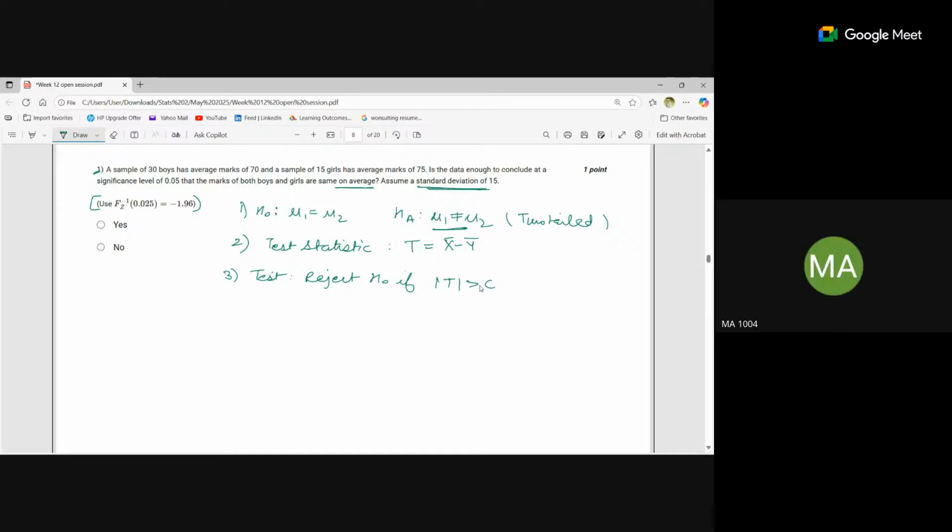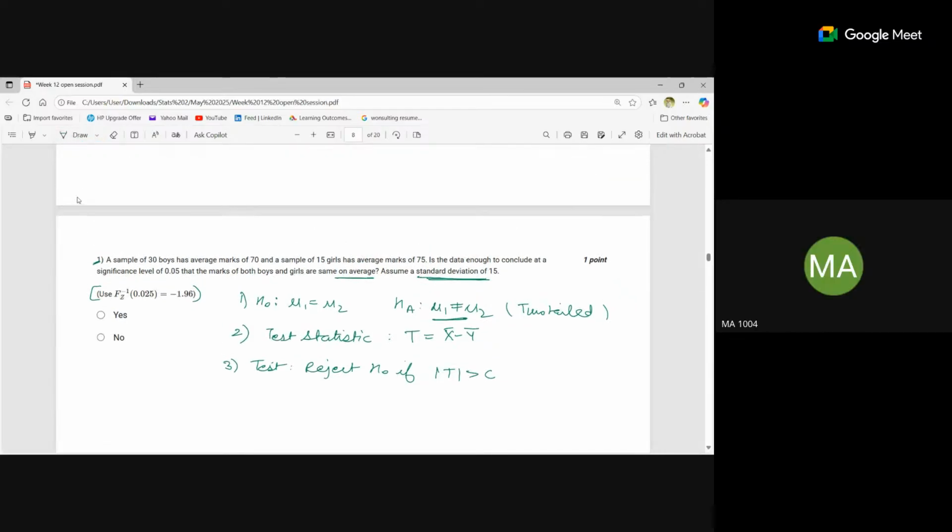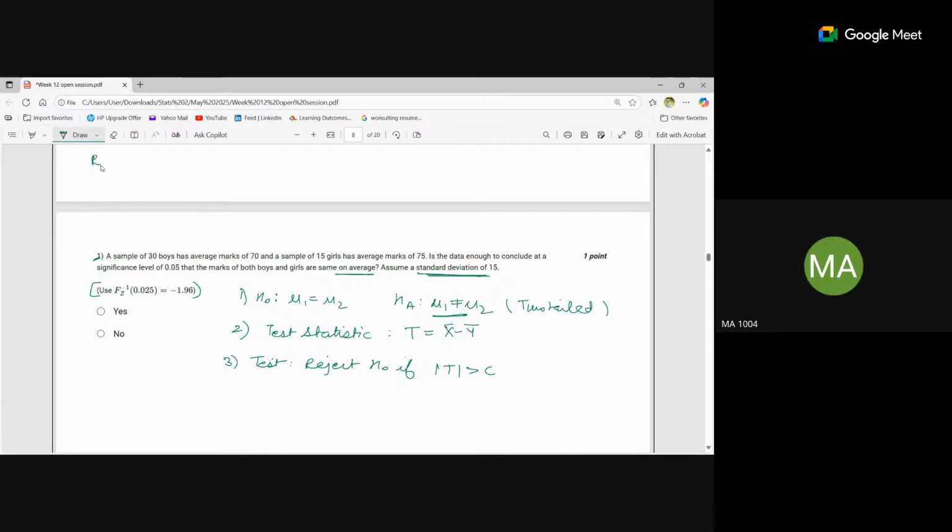Just remember one thing. If I'm having a right tail test, I would have the alternative as mu is greater than mu naught, and my test would be to reject h naught if my t is greater than c.